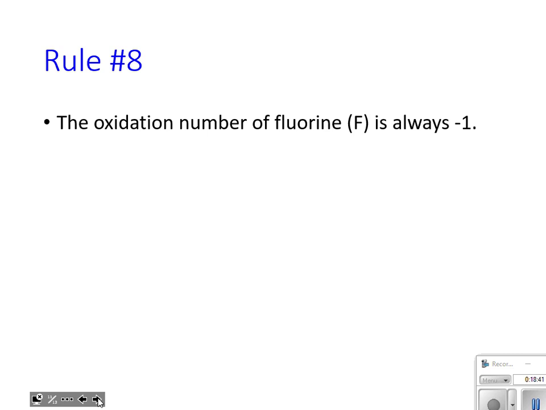Well, isn't fluorine the most electronegative element we have? So fluorine is going to take the charge of its anion, always. And that anion is -1. So fluorine will always have a -1 value.